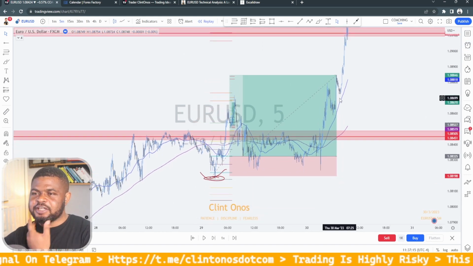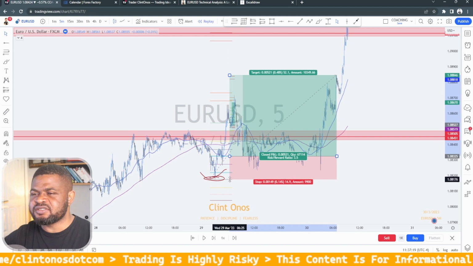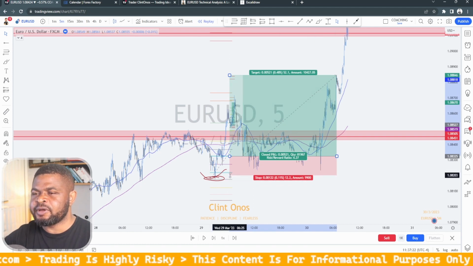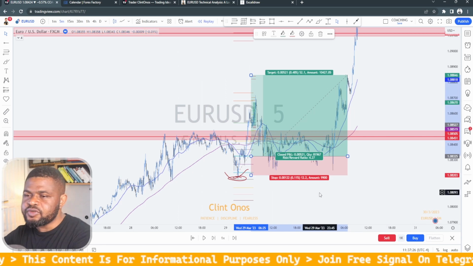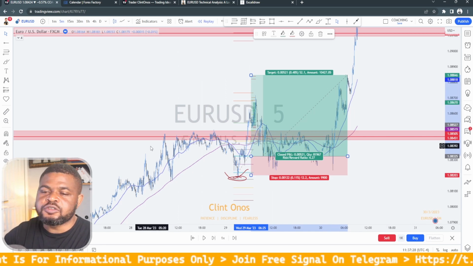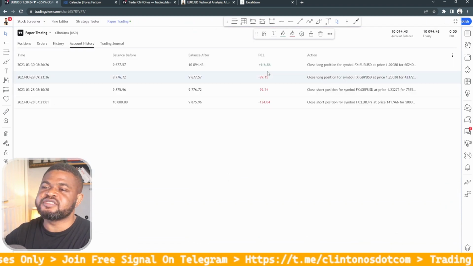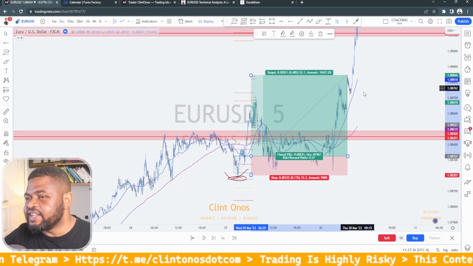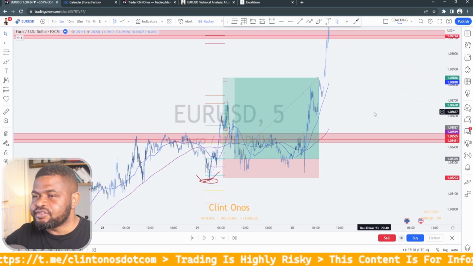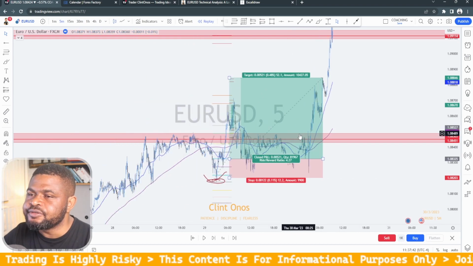So I wasn't even expecting price would move. I'm not really sure where the stop loss is, but I know it's somewhere around this region. So that's 1 to 4. That 1 to 4 automatically put us well above in profit, closing all our previous losses. So that's why a good risk to reward is critical, and of course, it's going to help you going forward.